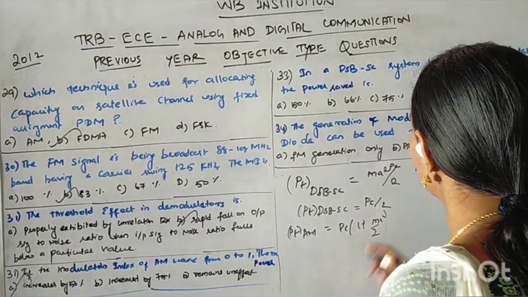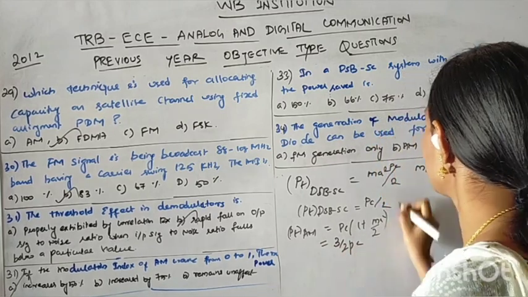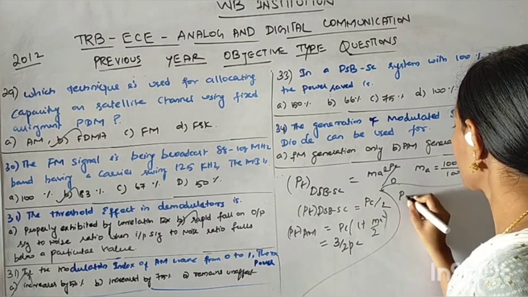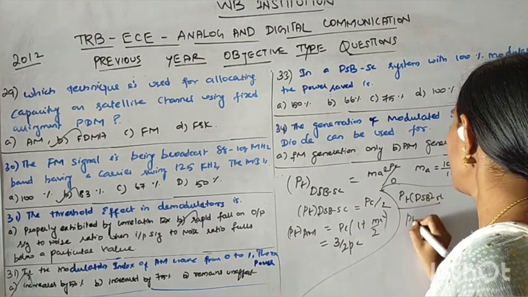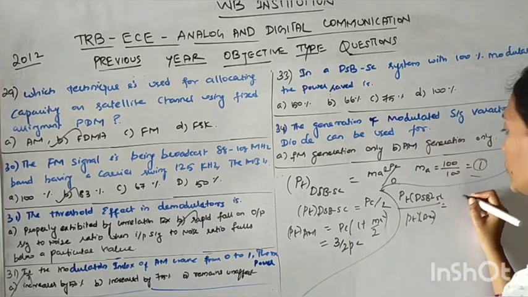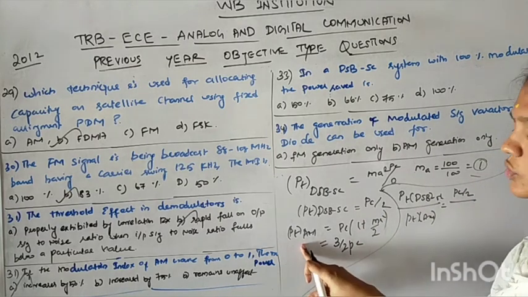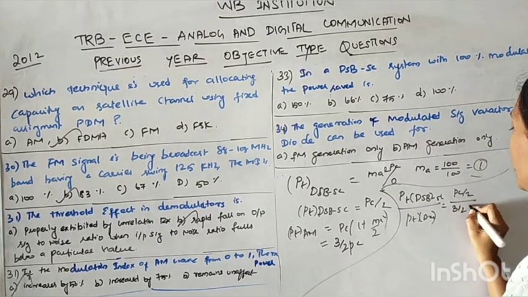So what is its value, 3 by 2 PC. When we compare, we get PT of DSB-SC divided by PT of AM signal equals PC by 2 divided by the total transmitted power of AM, which is 3 by 2 PC.